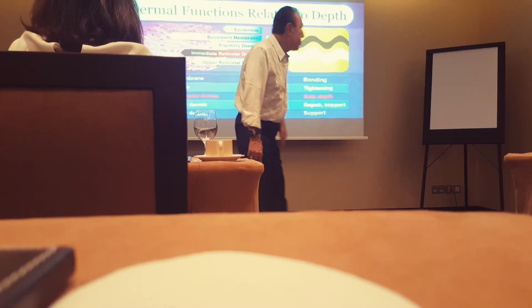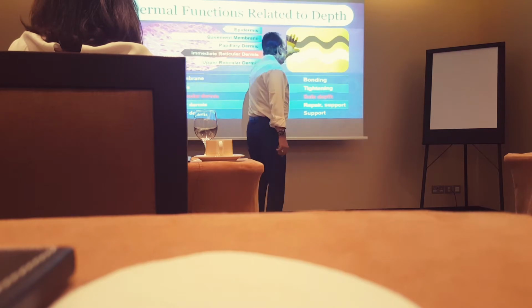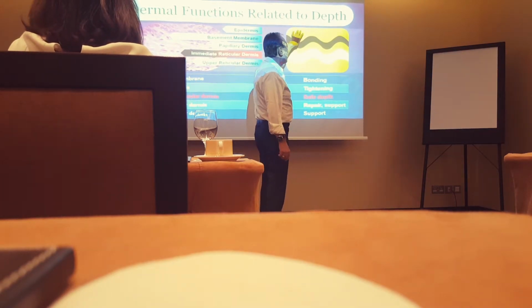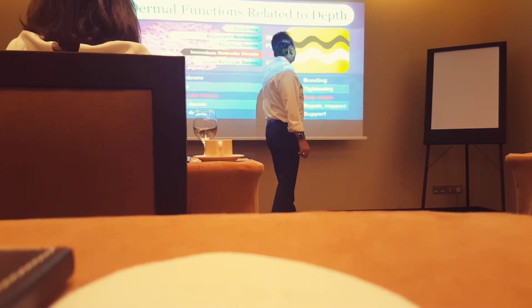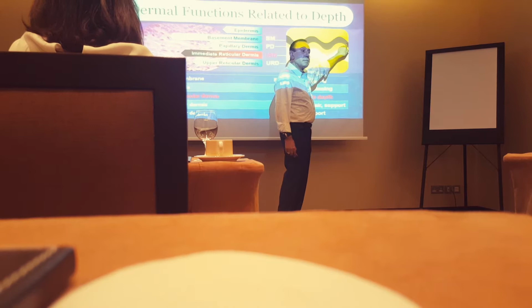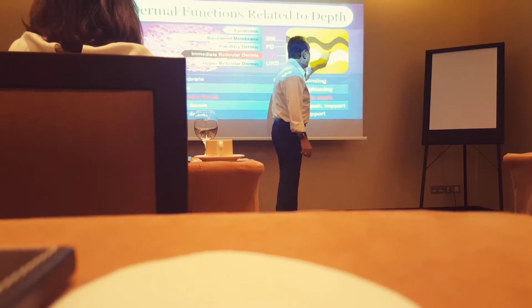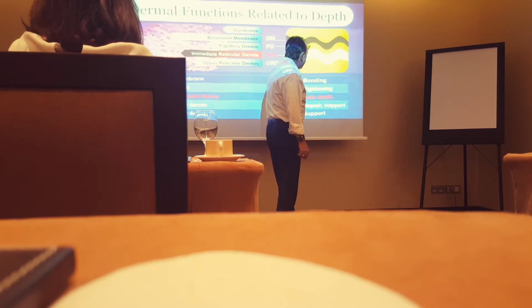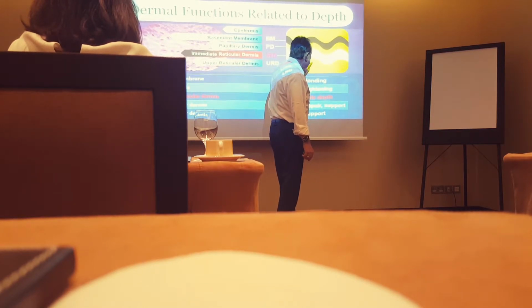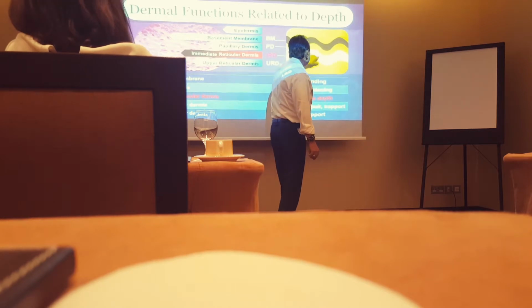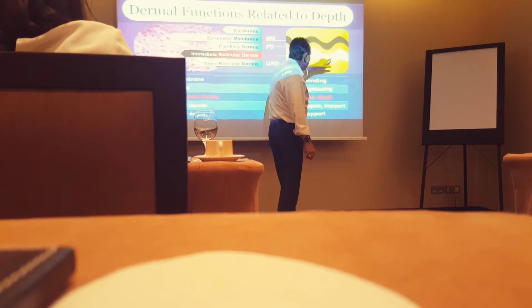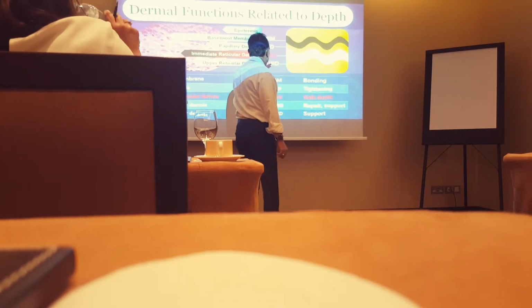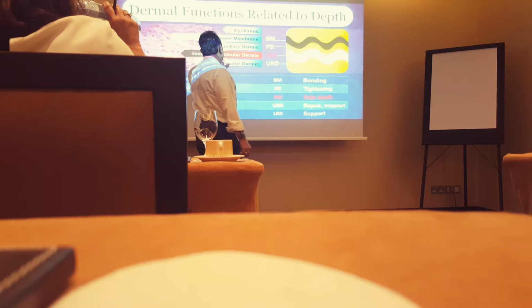We learned now, this diagram shows you the epidermis. This black line is the basal cell. Below it, this yellow line is the papillary dermis. Papillary dermis and the upper reticular dermis, this transition area, transformation from papillary to upper reticular, we call this area the IRD, immediate reticular dermis.